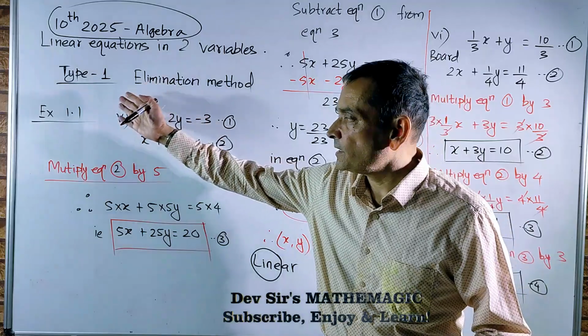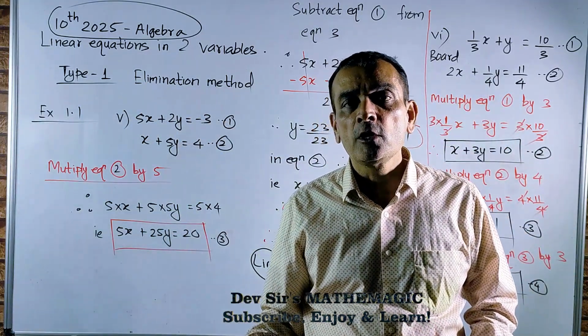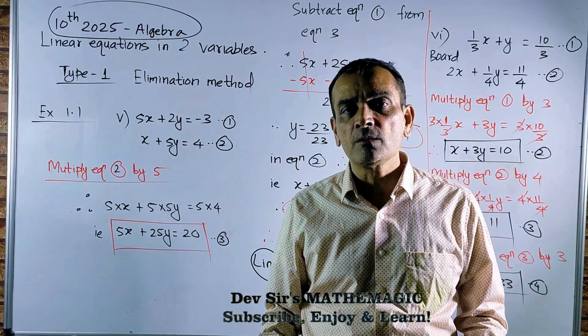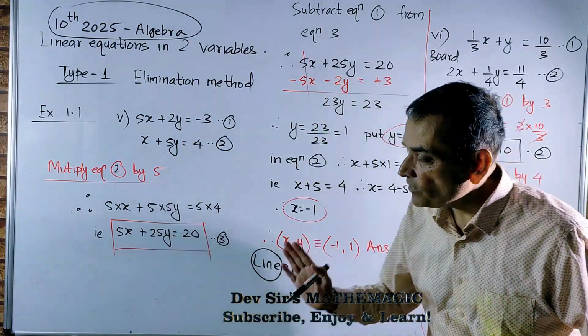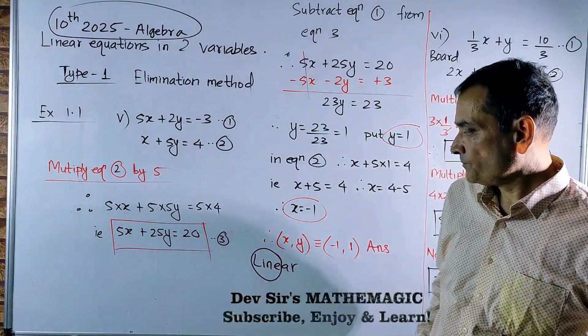This is only type 1 elimination method. बाद में type 2, type 3 we are going to use graphical method. Graphical method means by drawing straight lines we can solve two equations. That is called as graphical method.